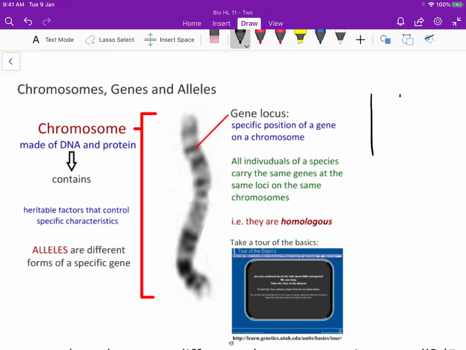They also come in pairs. So we don't have single chromosomes. That's not what we find in eukaryotes. They come in pairs, and at specific locations, the gene locus, we have specific genes on different chromosomes.